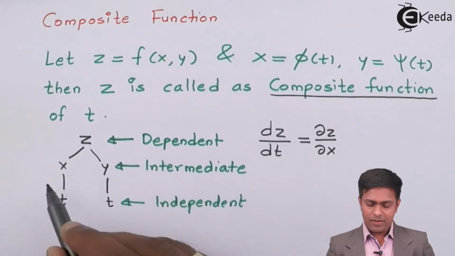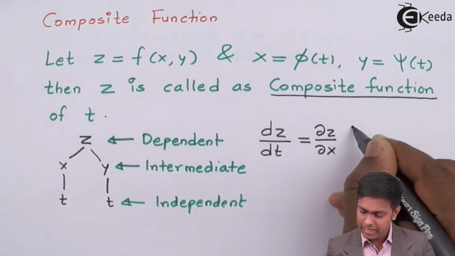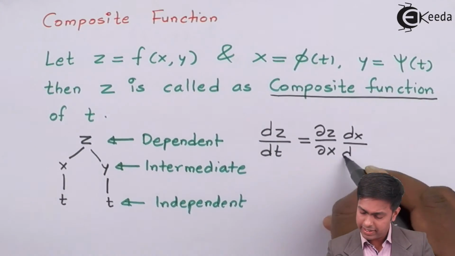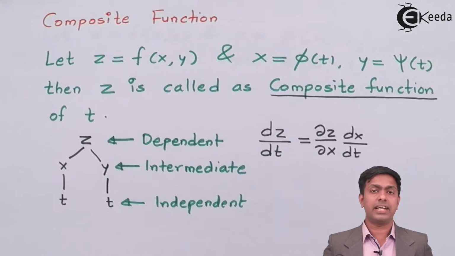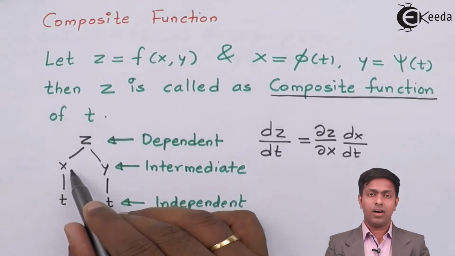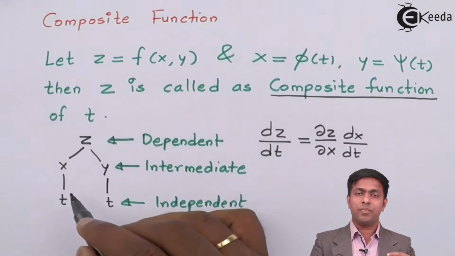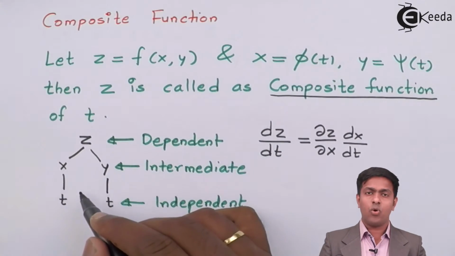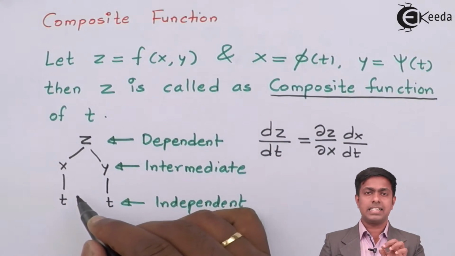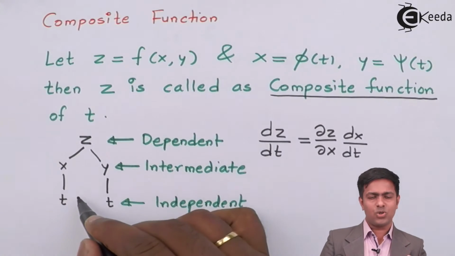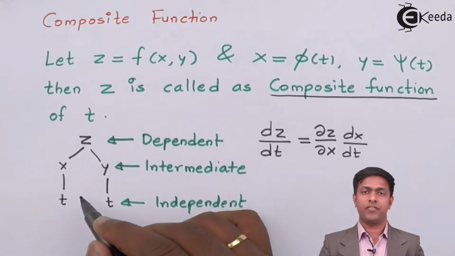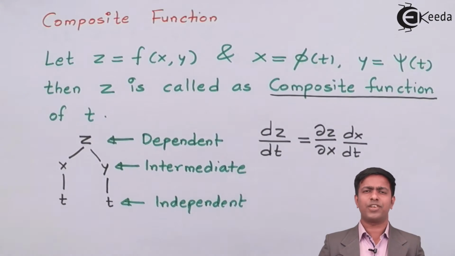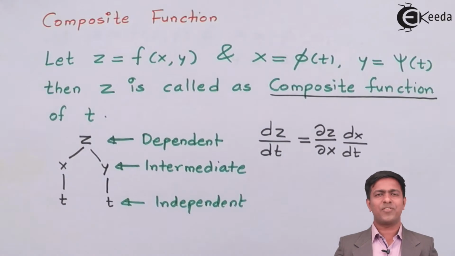Now from x to t, it will become dx by dt. You must be thinking, why is it not del x by del t? Let me tell you that x is a function of t, which means x has only one variable, that is t. If there is no other variable present, then we can't use partial differentiation, or even if we use it, we are going to get the total differentiation only.